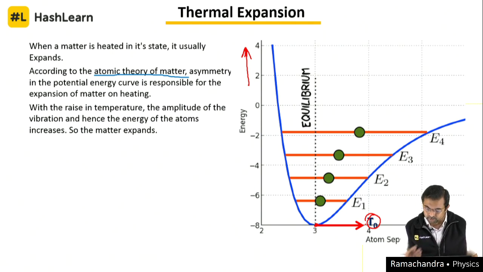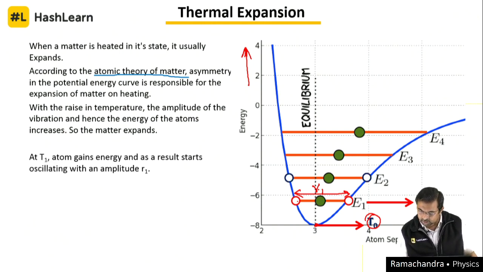So from T naught, if we increase the temperature, you can see that with the increase in temperature to T1, from T naught to T1, with that difference in temperature, the amplitude is going to increase to, let us call this as R1. Next, it will take energy and they will start oscillating with higher amplitude.